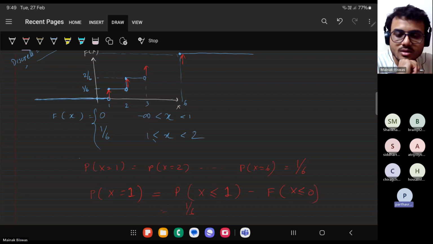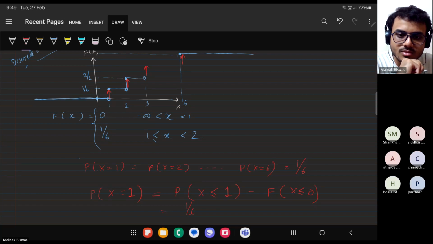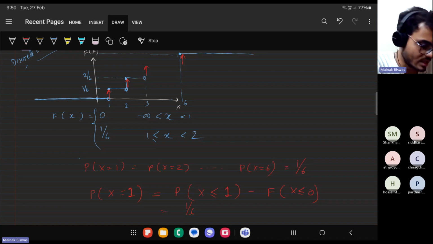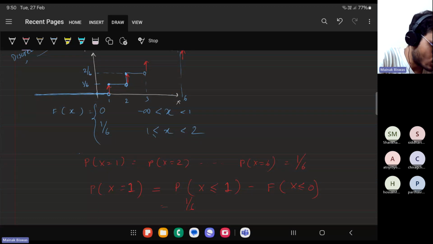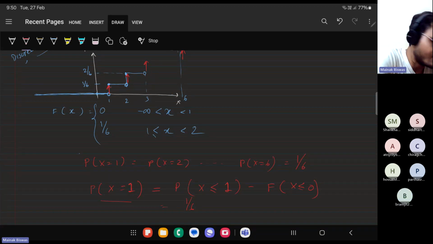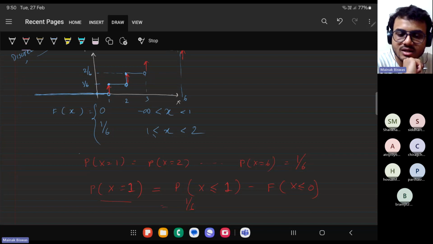Means it is basically F of x minus F of x minus 1. Let us see what is that thing over here. So F of x at 1, do you see that it is shifting to 1 by 6? That's what is happening, right?